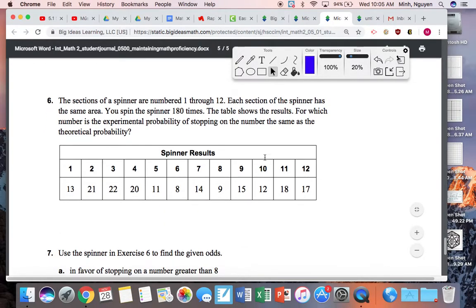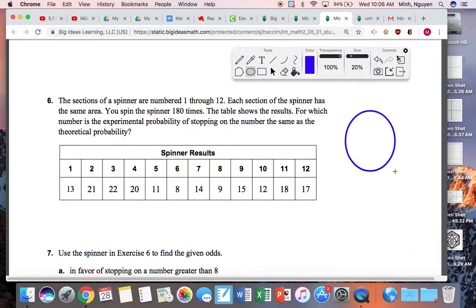Going down to number 6, the sections of a spinner are numbered 1 through 12. So I'm going to make a crappy looking spinner, try and make it as even as possible. So we got to make 12 even spots.